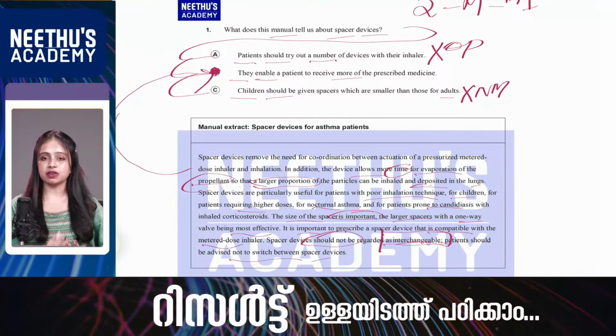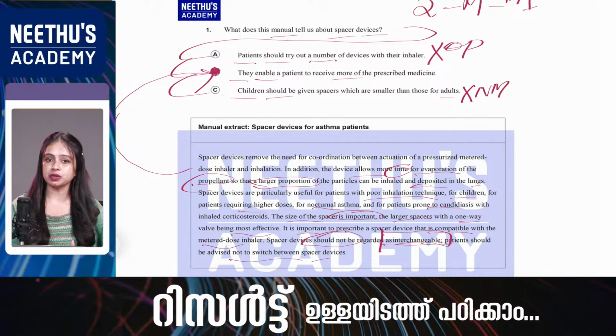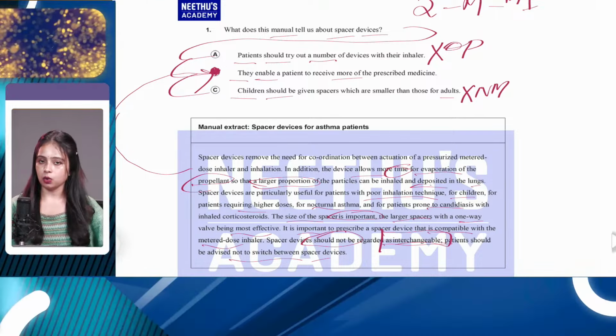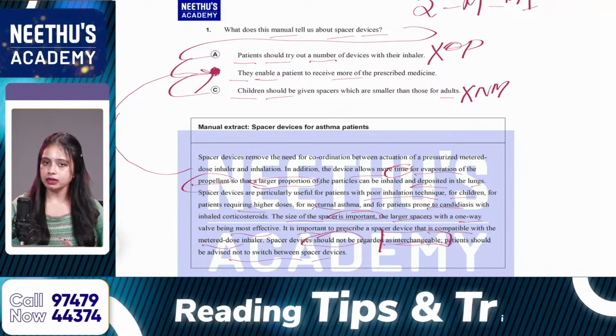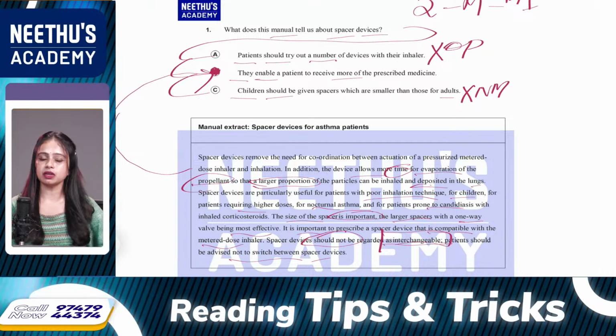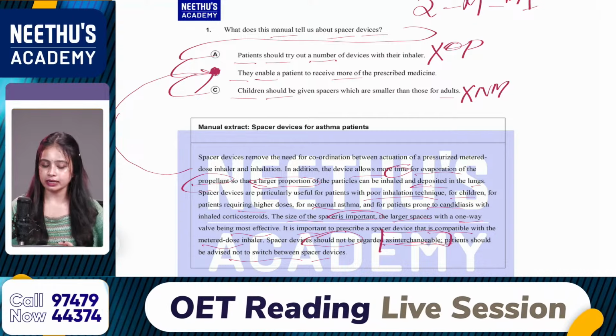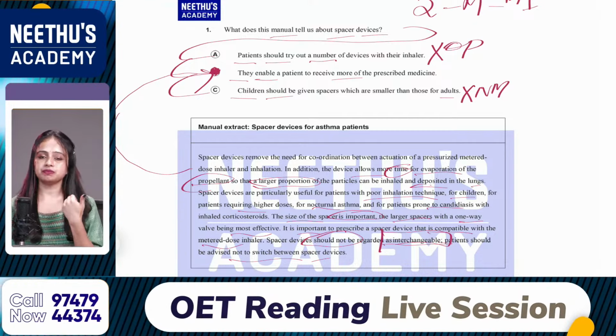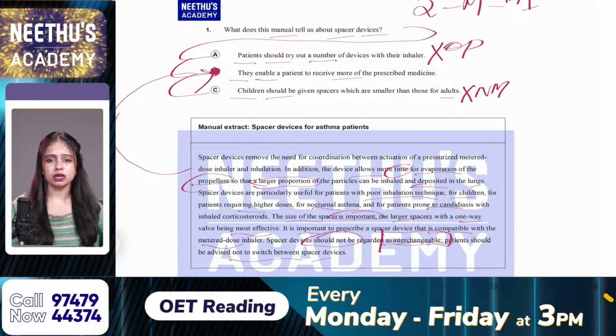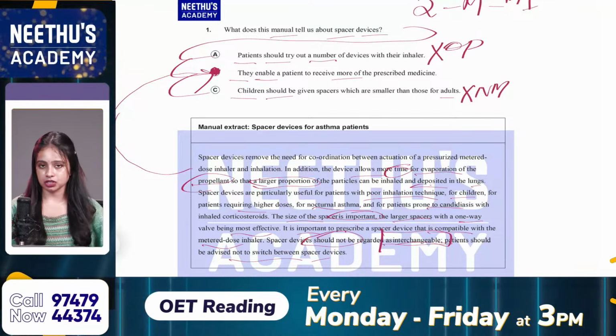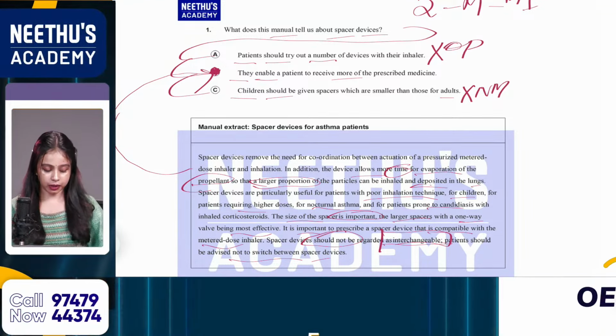Giving instructions means that you can connect with guidelines. If the question is all about guideline, you can say guideline is all about giving a lot of instructions to the reader. So it's not about a guideline. We are dealing with a manual, so it's not about giving instructions.